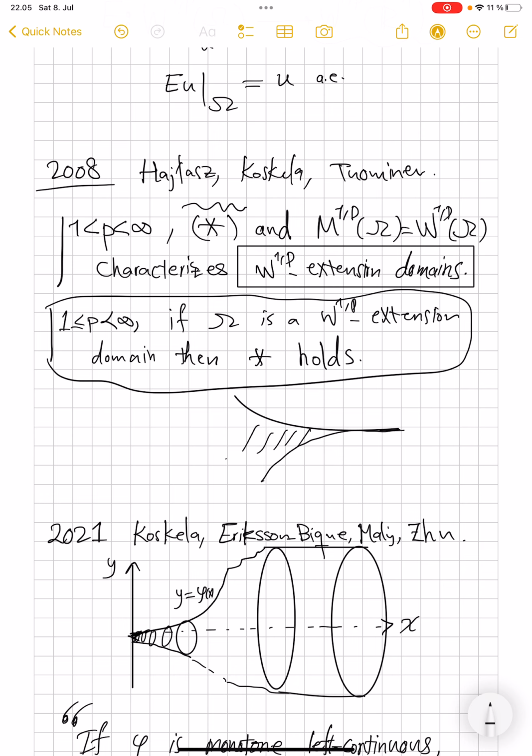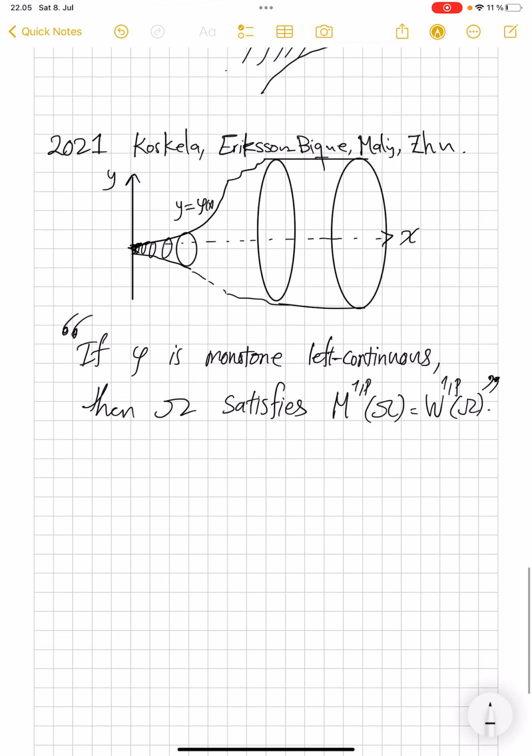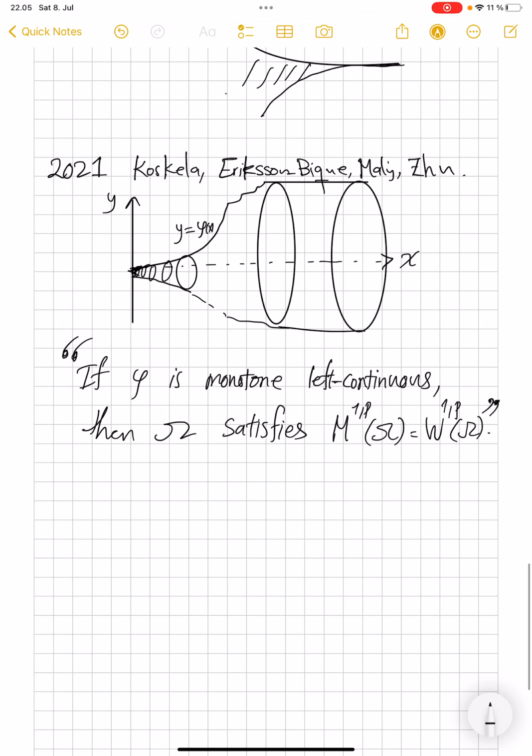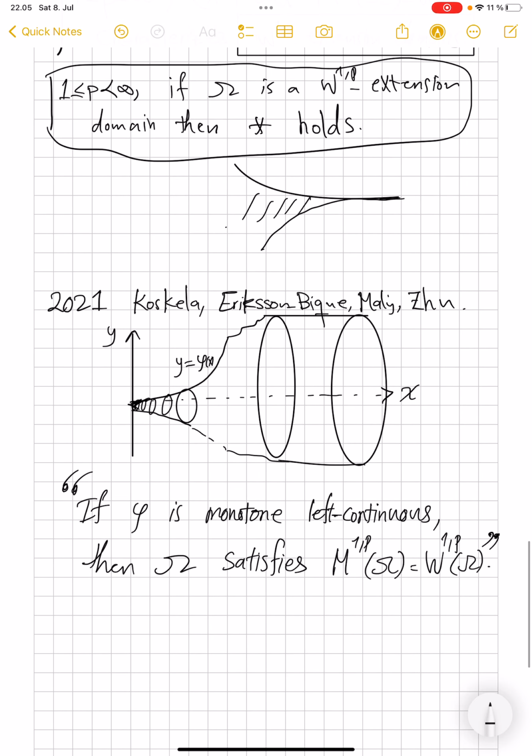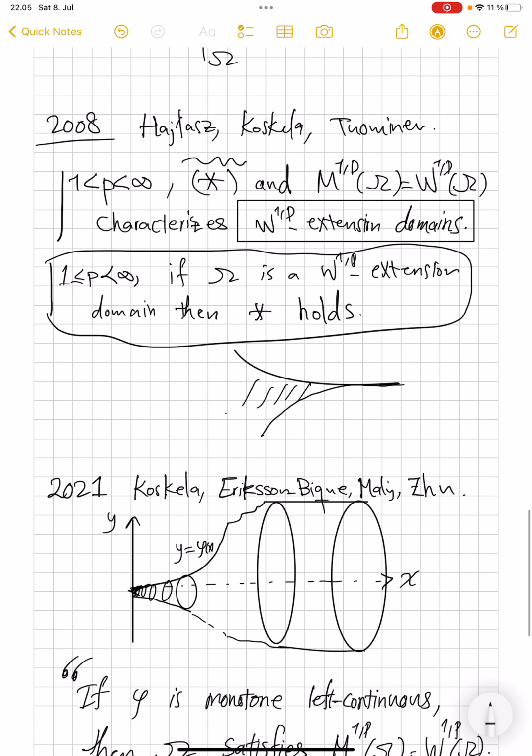So it's not an extension domain, but nevertheless, we have M1P(Ω) equal to W1P(Ω) for this. There must be some other results regarding these that I am unaware of, but probably these are places to begin with if you're interested in such questions.